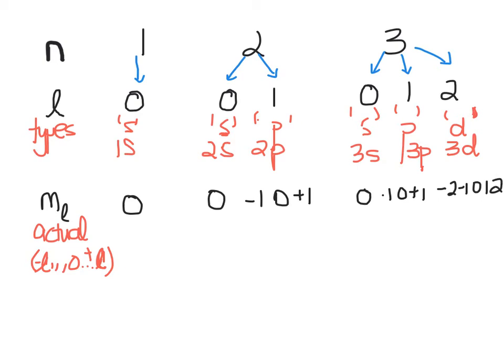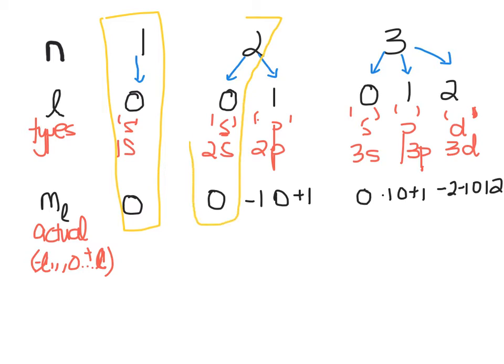So you can see that you have one actual orbital on the first energy level. On the second energy level, we have two types, but we have a total of 4 different orbitals.